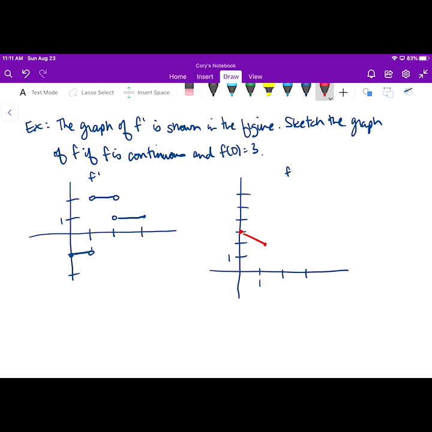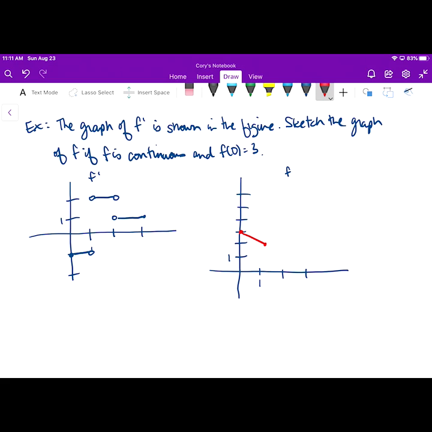Now, when you look at f prime, it is undefined at x equal to 1, which tells us that we're likely going to have a corner at that point. When we look at f prime's values between 1 and 2, they are 2.